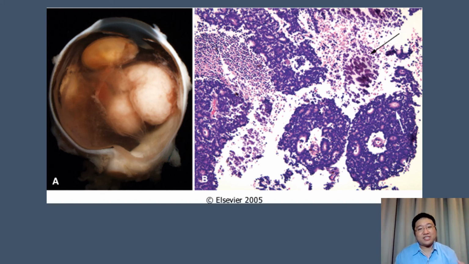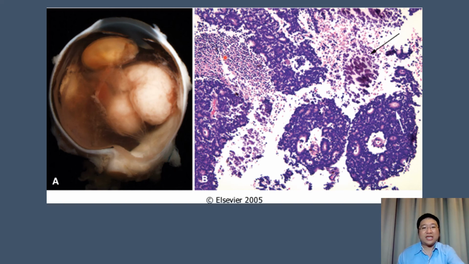And as commonly seen in the blastomas, the retinoblastoma is composed of small blue round cells. The cells grow very quickly, so we expect to see necrosis, mitosis.